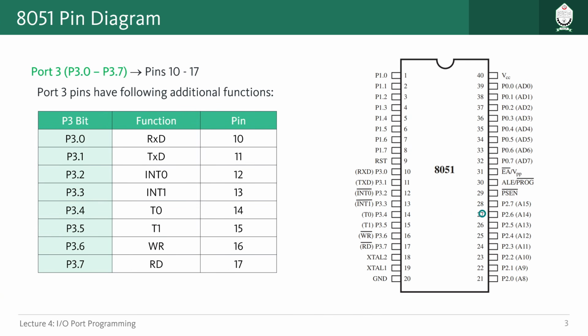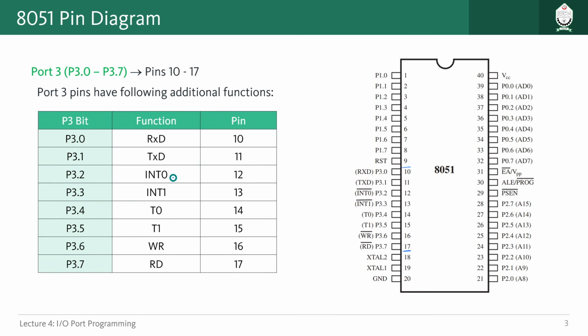Now let us look at port 3. So port 3 is basically from pin 10 to 17, right? From here to here, these are the 8 pins we are talking about, and these are very special pins because all of them have some special function along with the general input and output function.